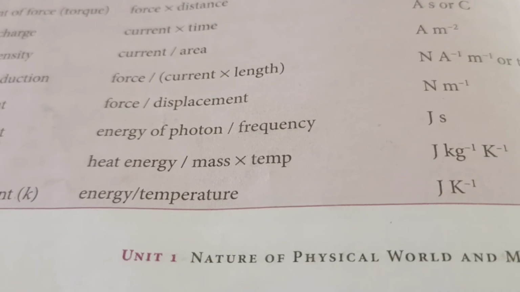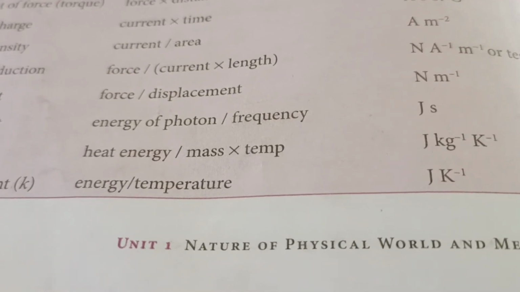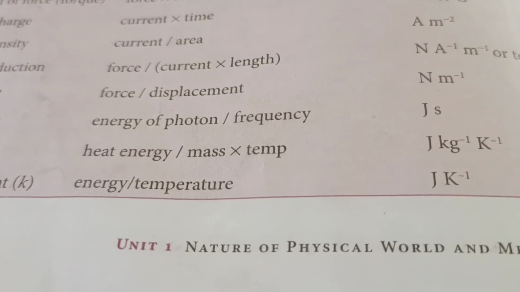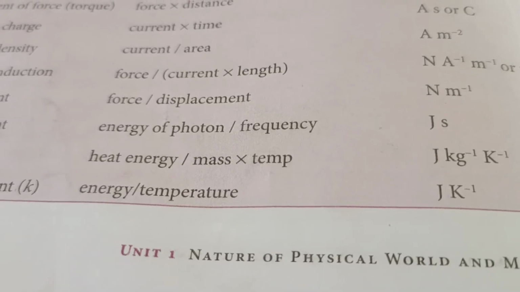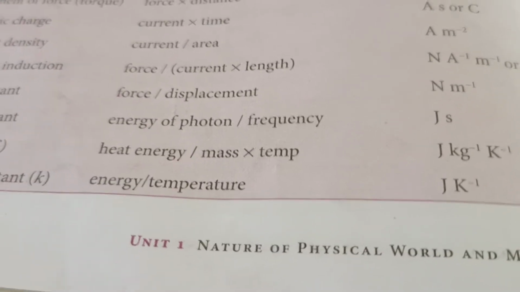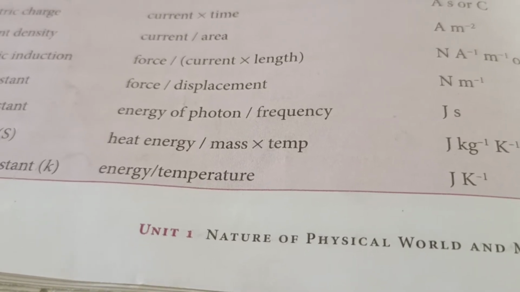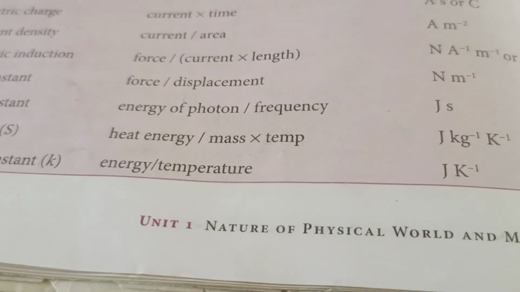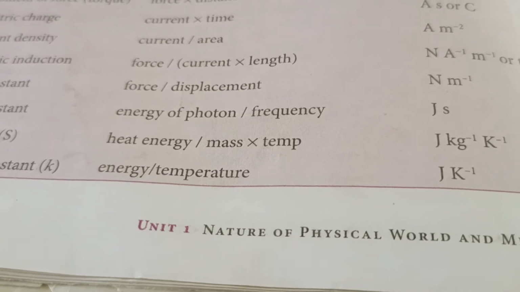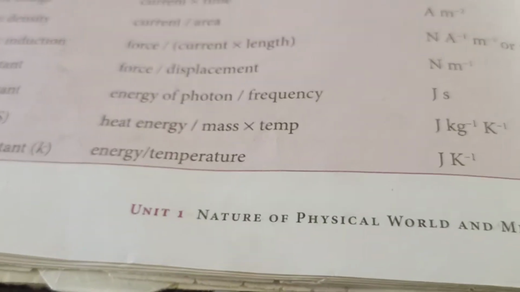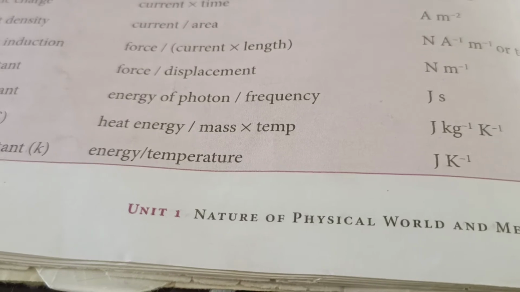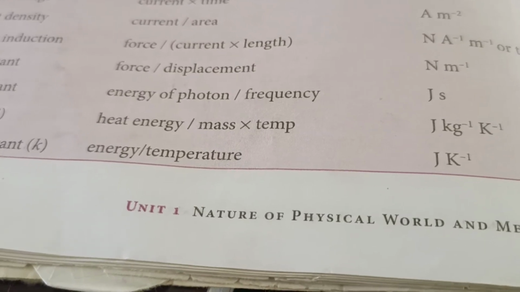Force constant: force by displacement. Force is in Newton, displacement you measure in length, so Newton meter power minus 1. Planck's constant: energy of photon by frequency. Energy you measure in joules, and frequency is 1 by T, so joule second.